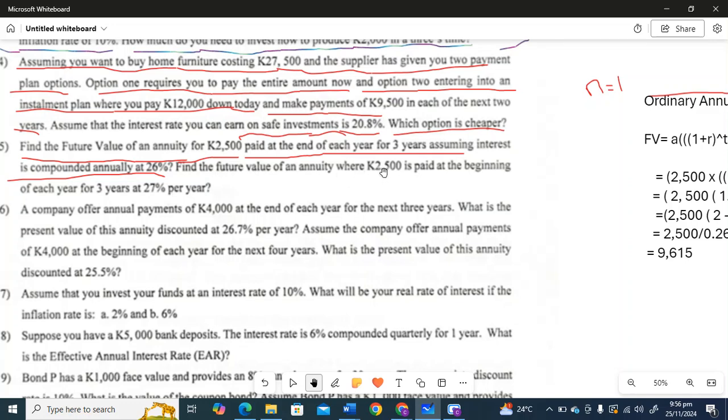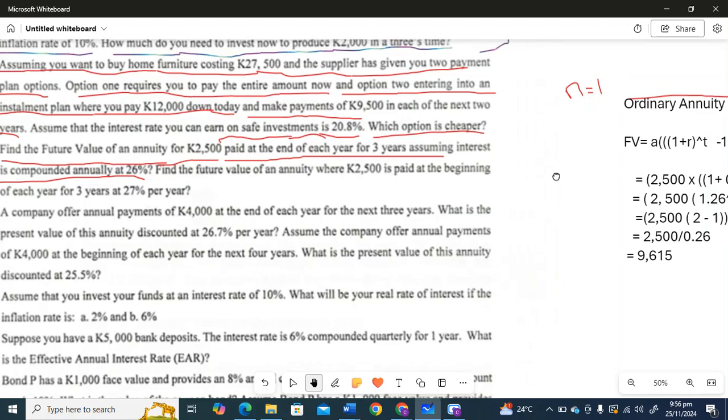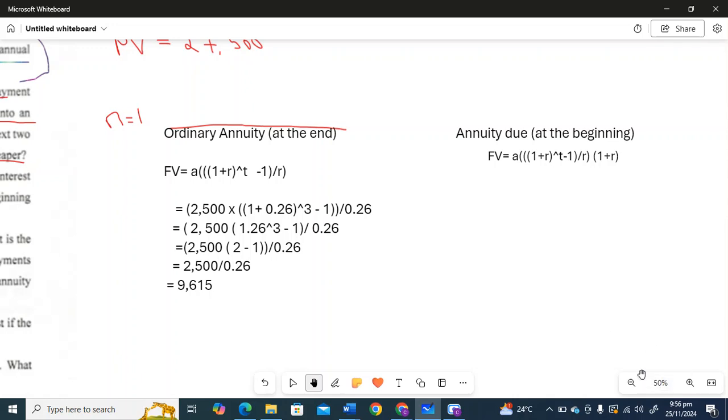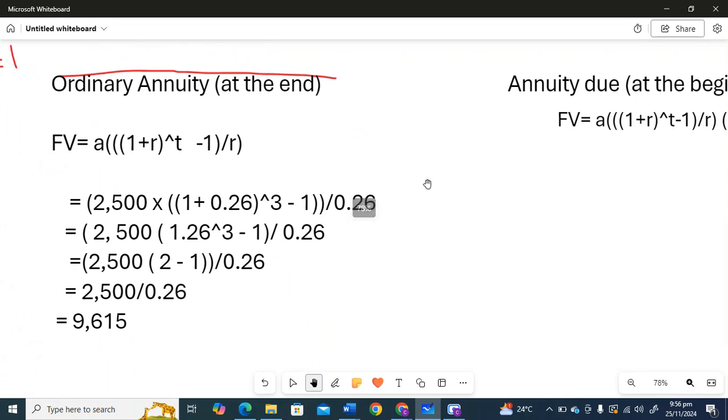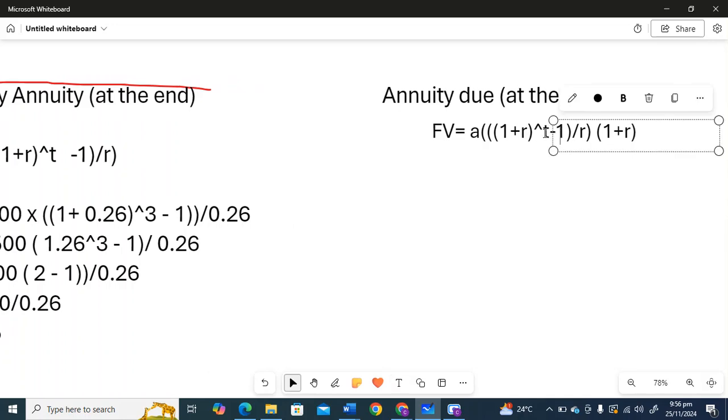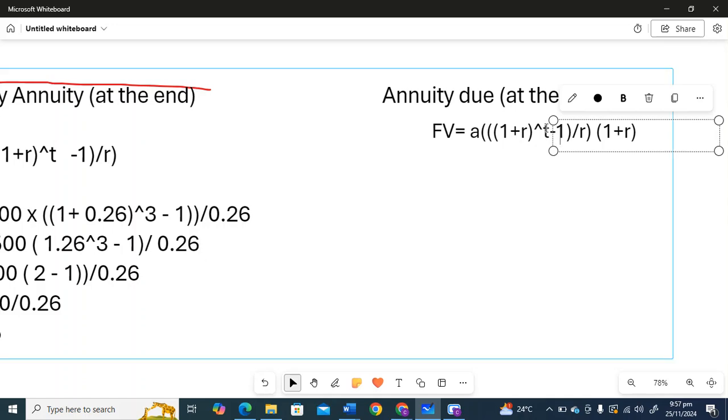We go to the second part of the question. It says, find the future value of an annuity where 2,500 is paid at the beginning of each year for 3 years at 27% per year. So now this annuity is paid at the beginning, so it's an annuity due. This is the formula for annuity due. Basically, the only difference is it's the same formula, but we've put 1 plus R at the end.